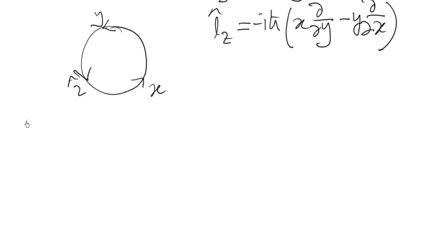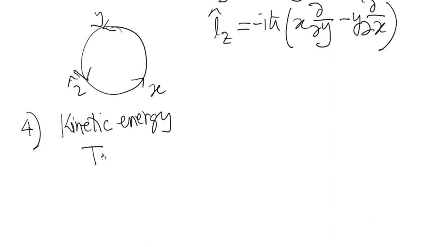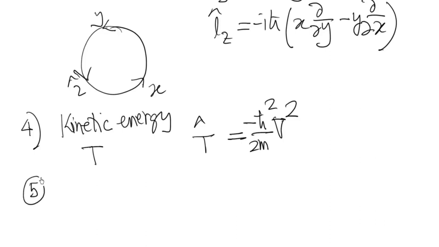Now the fourth physical observable is the kinetic energy. Kinetic energy is denoted by T, and the operator symbol is T hat, which is actually minus h bar square by 2m del square. And this is potential energy.